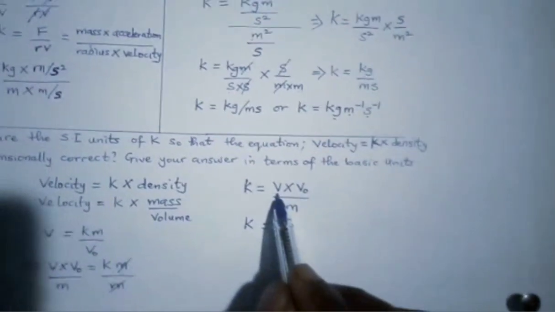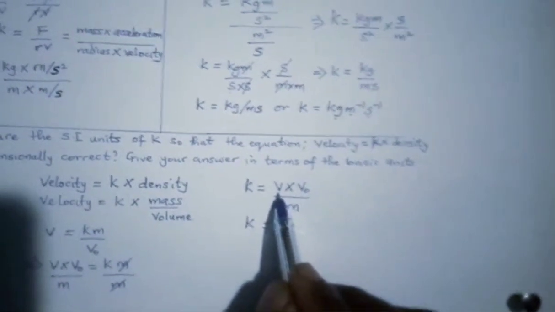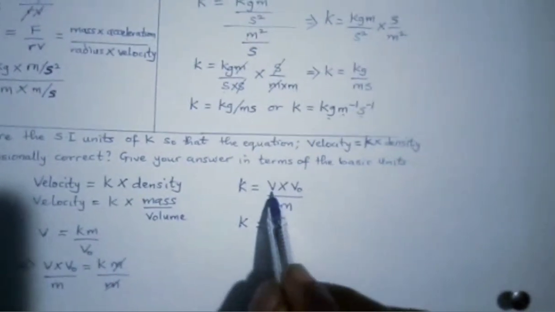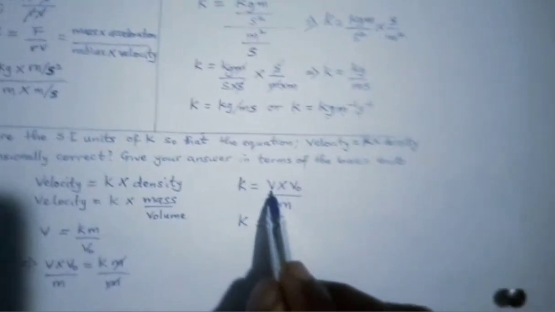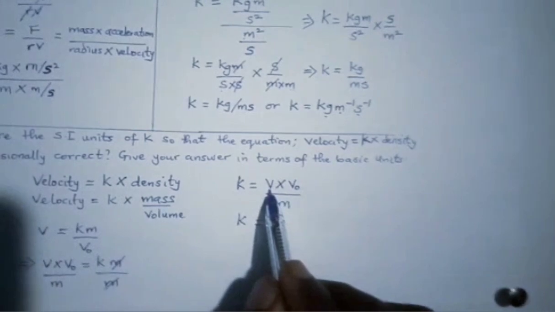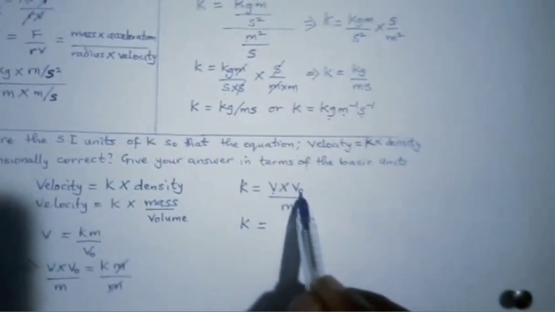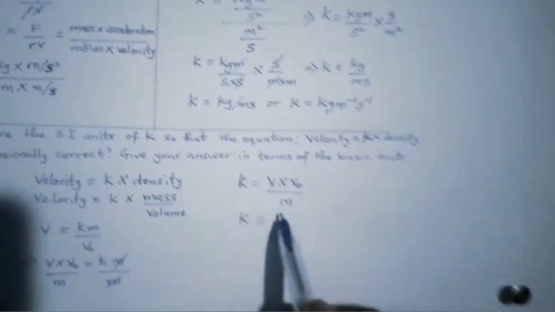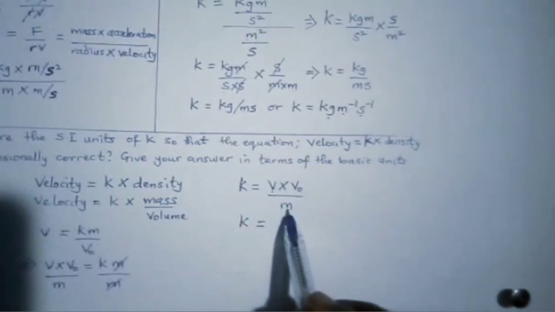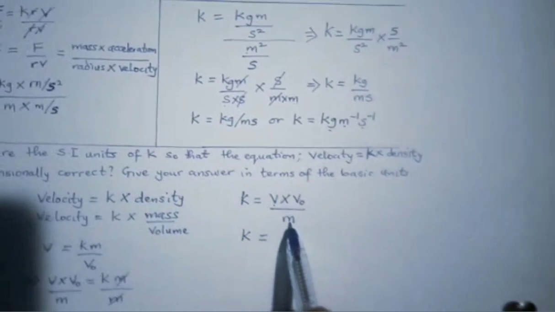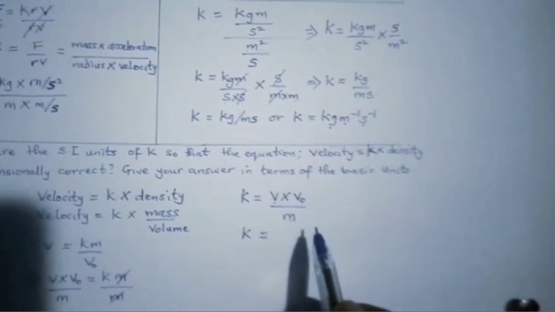Our V is velocity. And of course, from our first question, you should know the base unit of velocity, and of course, the unit of volume. And then here is mass. From our first question, you should know the unit of mass.